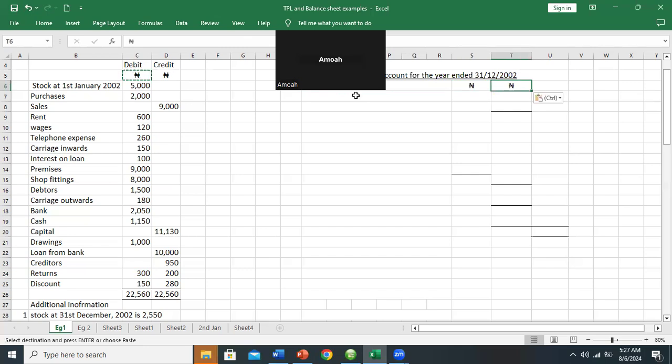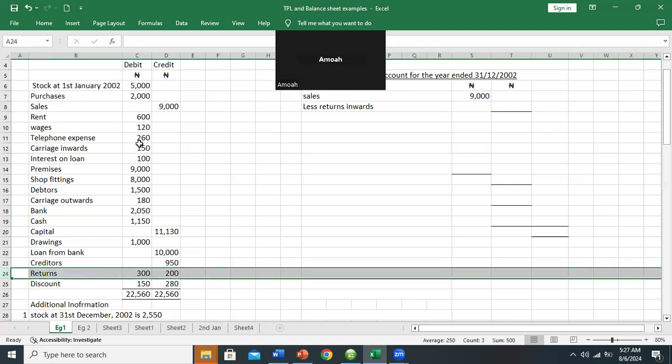So the first item is sales. We have returns in the question, so we'll put the sales 9,000 in the second column. We less the returns inwards. So for returns, the question stated them as one at the debit and one at the credit.